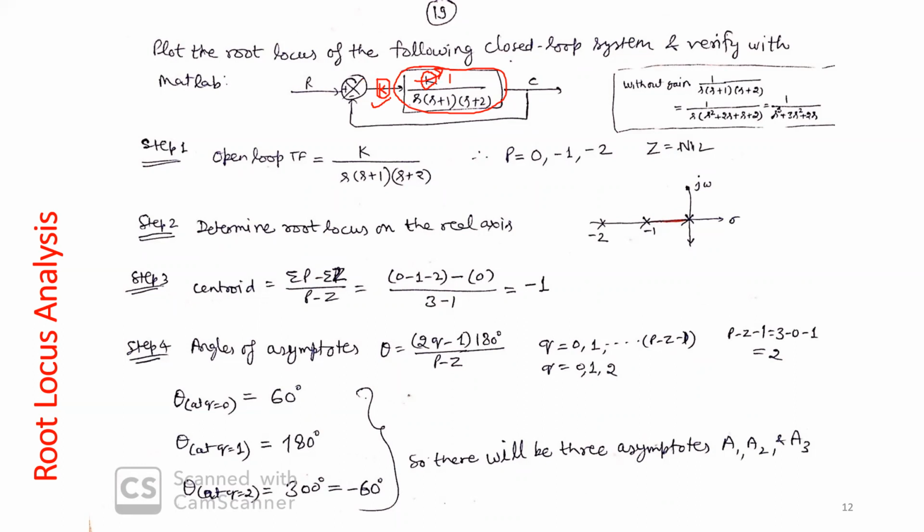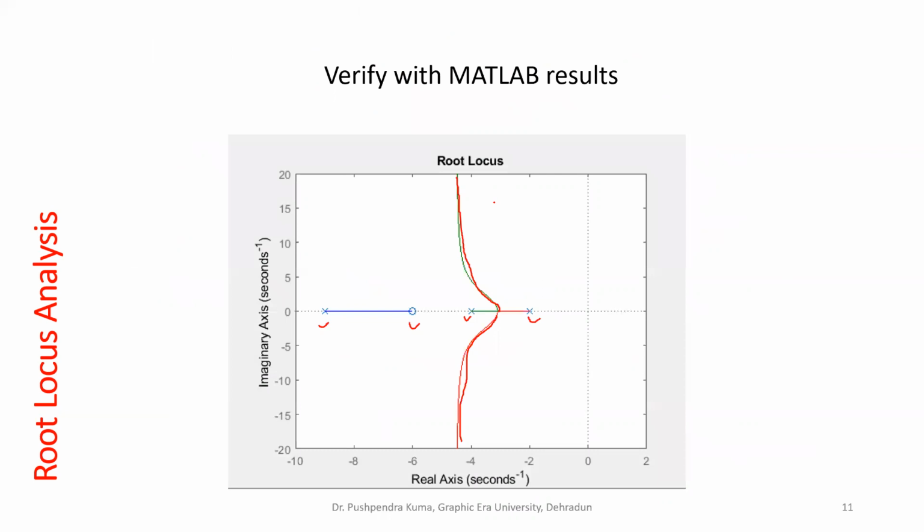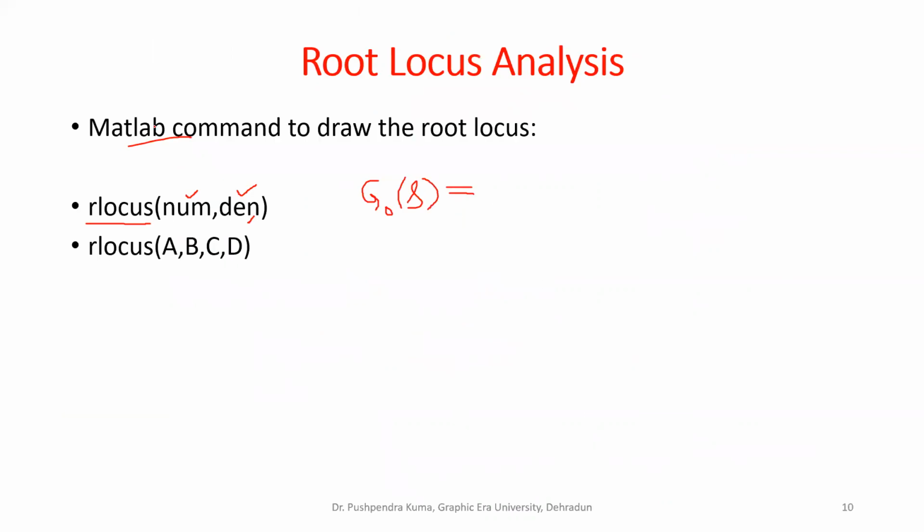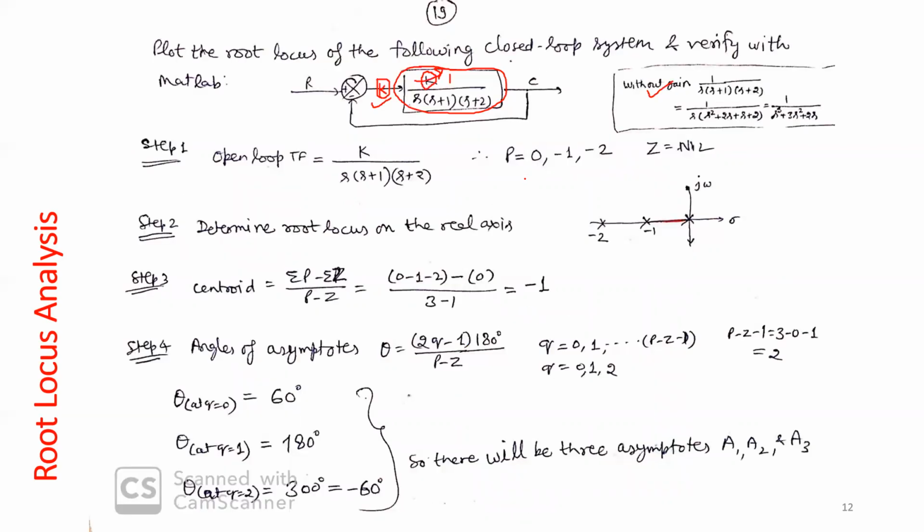Without gain, this will be your open loop transfer function. Here also in MATLAB, when you put the numerator and denominator, you put your open loop transfer function without any gain value. You don't consider the gain value in MATLAB.